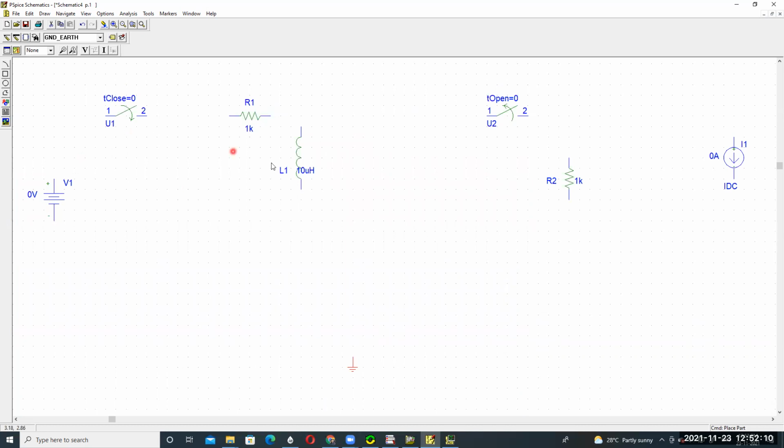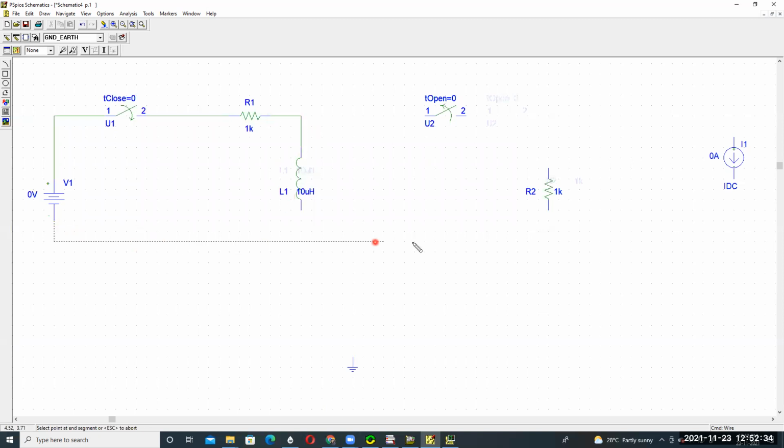So like this all elements are taken, and then connect all these elements by adjusting the proper position. Then by using the wire, connect this wire here.